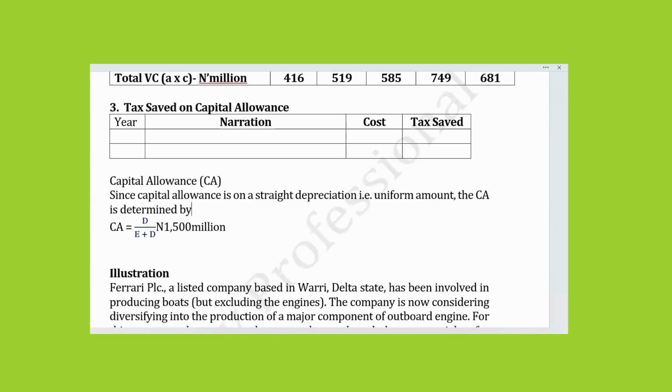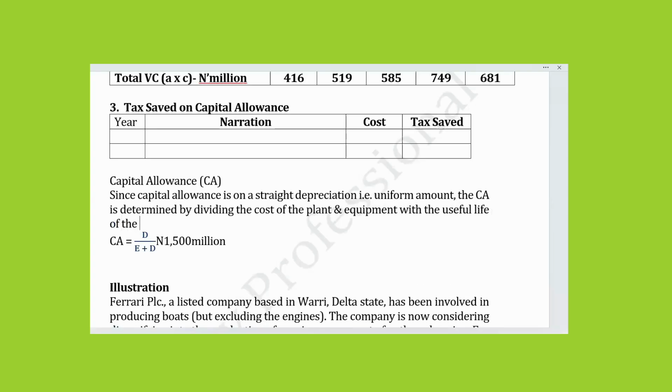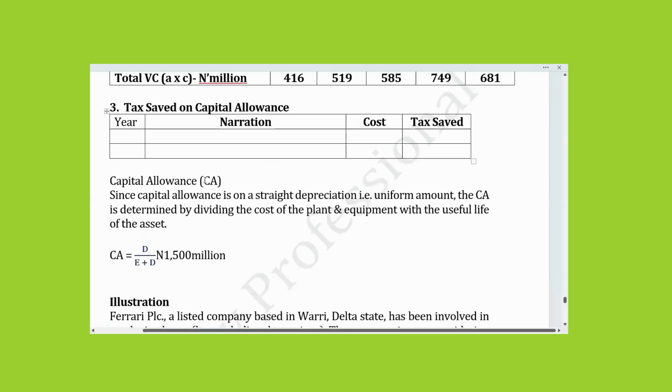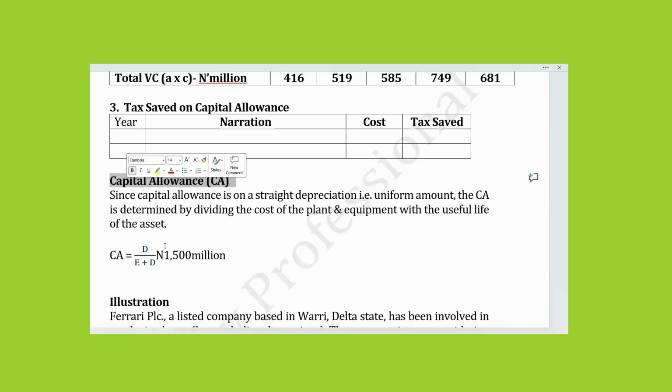It is determined by dividing the cost of the project, the cost of the plant and equipment, by the useful life of the assets. All right, so that's how we are going to get our capital allowance.